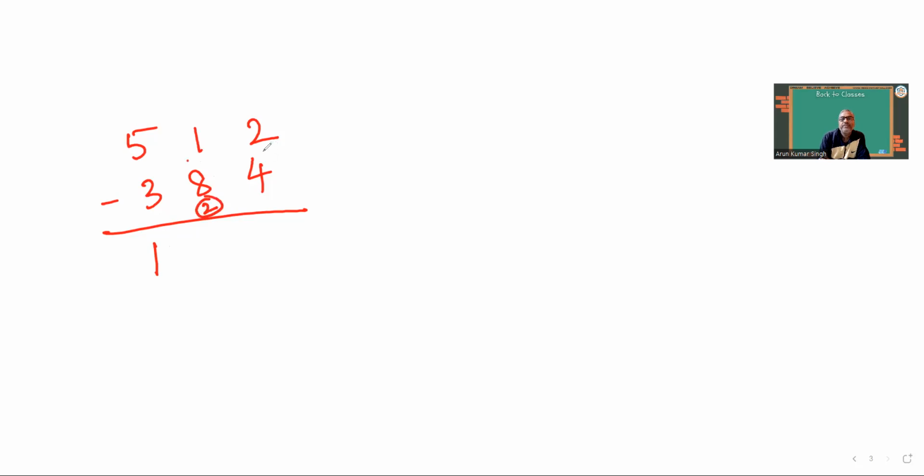This is also a mismatch, so here it will become 2. 1 plus 2 is 3, but 1 will be subtracted, so it is 2. Now the complement of 4 is 6, so 2 plus 6 is 8. So 128 is my answer. Let's see whether it is correct or not.